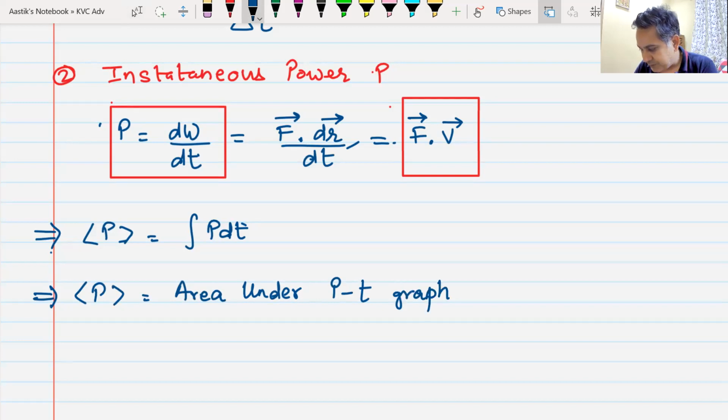If you get a graph between power and time, it is the area under the P-T graph.